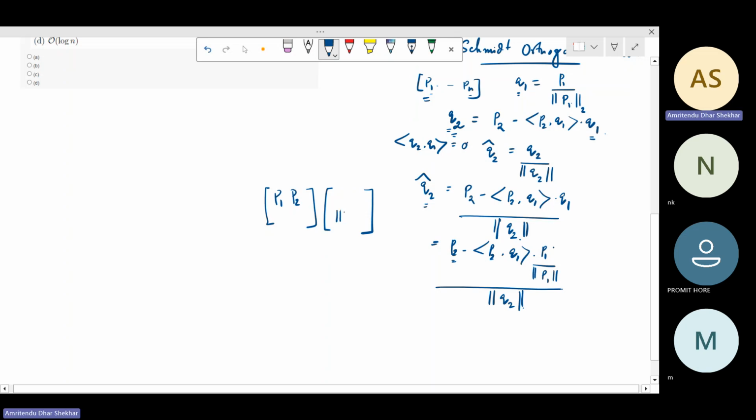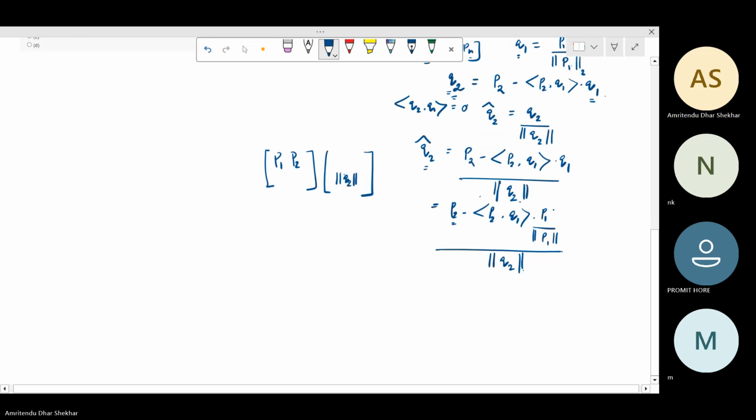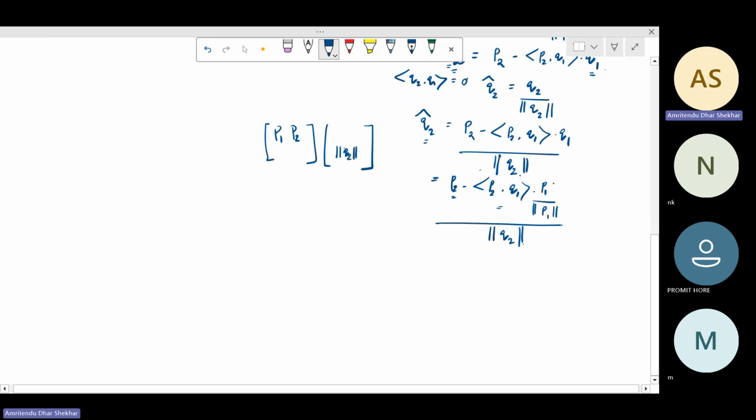1 by norm of Q2, and basically this term over here. So you write this term as R12, where R12 is equal to minus P2 comma Q1 by norm of Q1 times norm of Q2. And this is your R12 term.